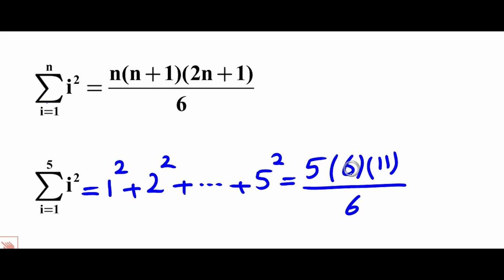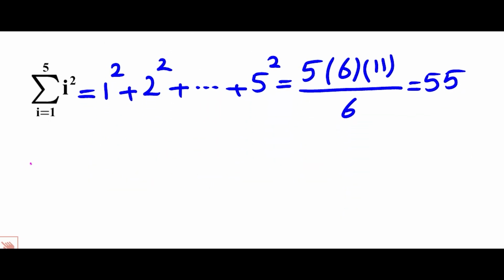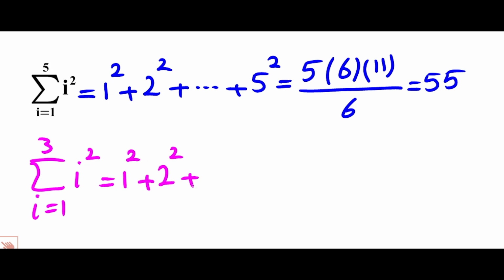So 6 and 6 cancel out and we have 5 times 11 is 55.